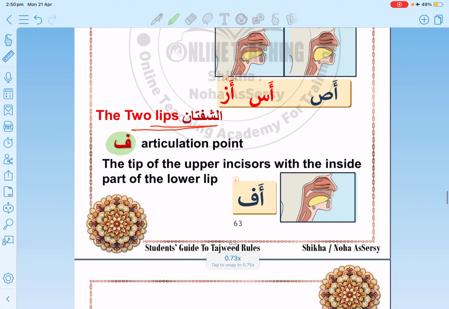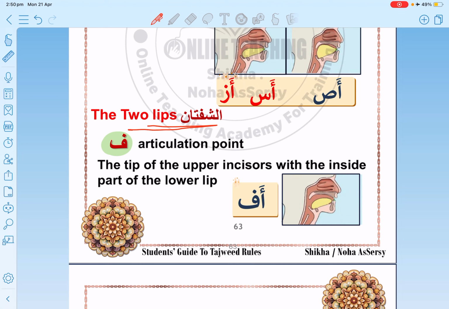Try to say F. When you say F, you will notice that the tip of the upper incisors, the upper top teeth or the frontal teeth, touch the part of the lower lip. So very easy, tip of the upper top teeth with the lower lip. Just like this.